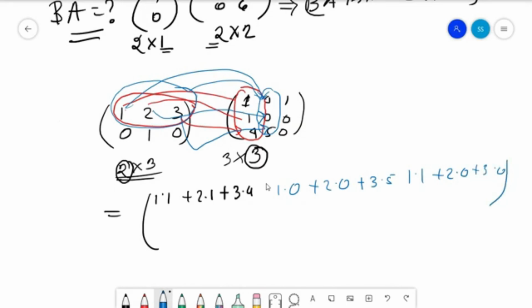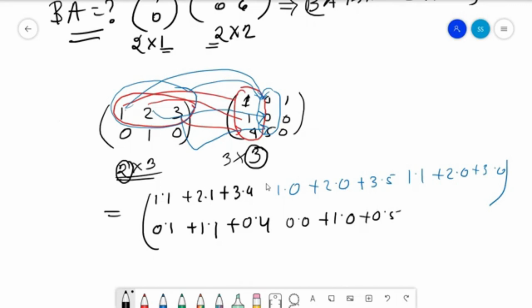And we have another row after the row 1 2 3. Again the process is similar, so it will be 0.1, 1.1, 0.4. Then you take this row again, multiply with the second column over here, so it will be 0.0, 1.0, 0.5.